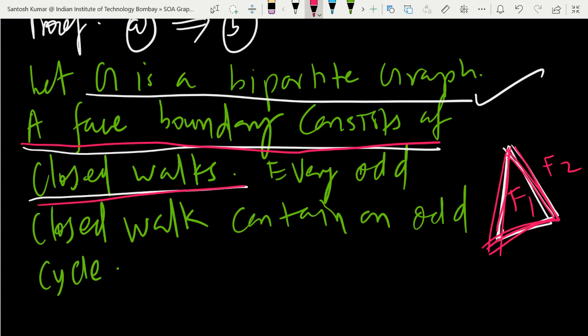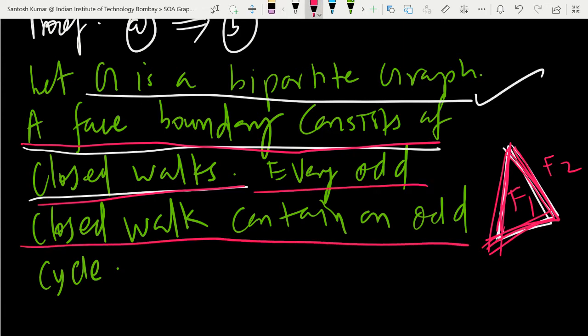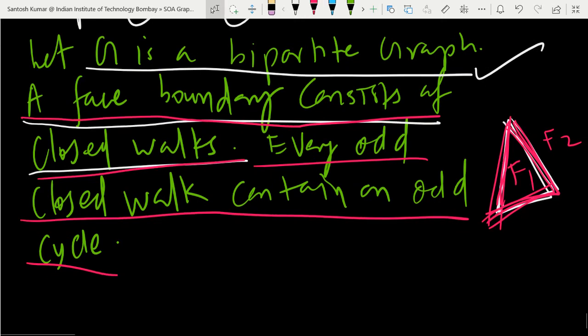And every odd closed walk contains an odd cycle. This is fine? Yes, understood. Odd means the length is odd, so it's an odd cycle.